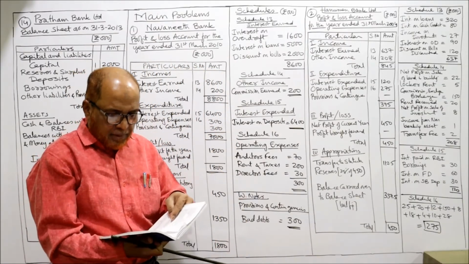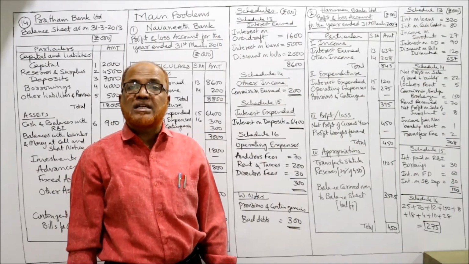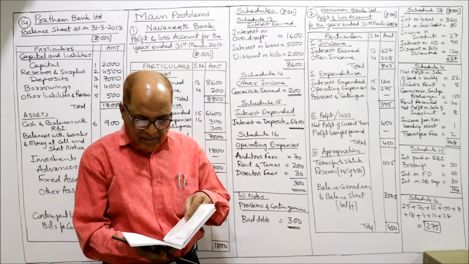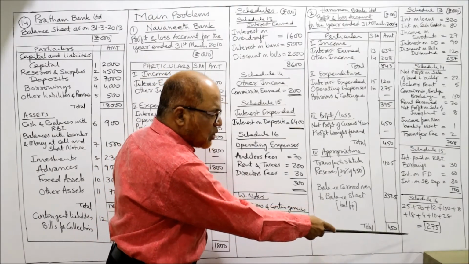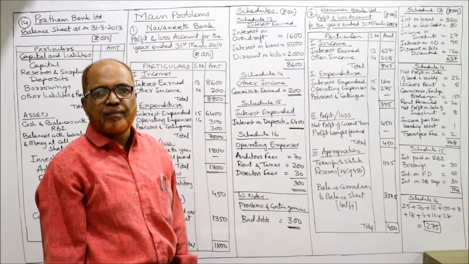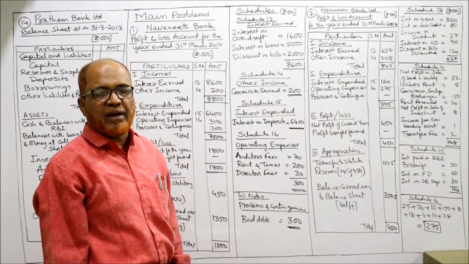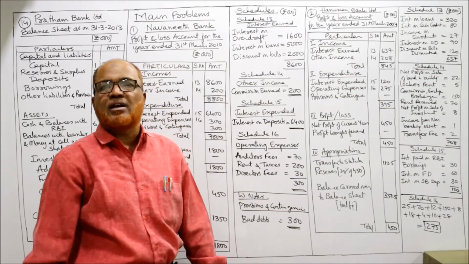Right. Third item, PF contribution, Provident Fund contribution. It is operating expenses. Amount is 25. There is no space. That's why I have not prepared the complete schedule number 16. In the coming problem, definitely I'll prepare the operating expenses schedule. Here no space is there, that's why I've directly taken the amounts.